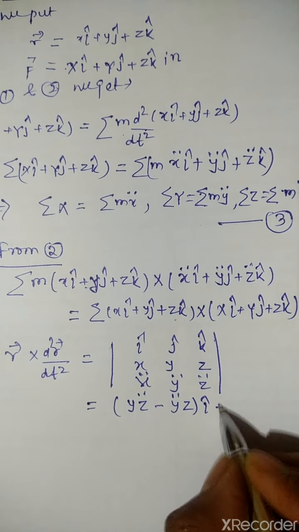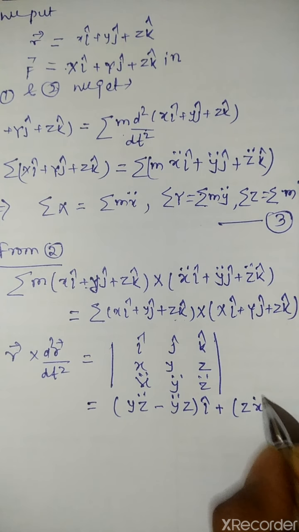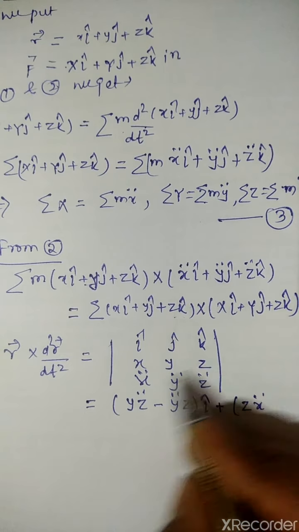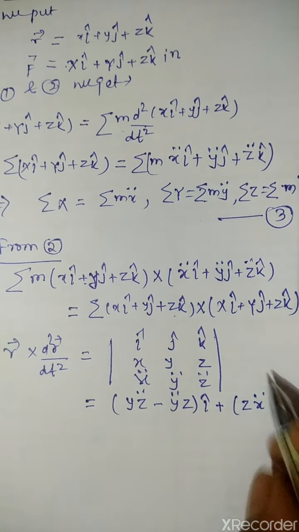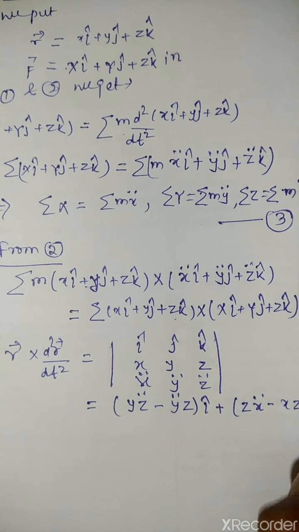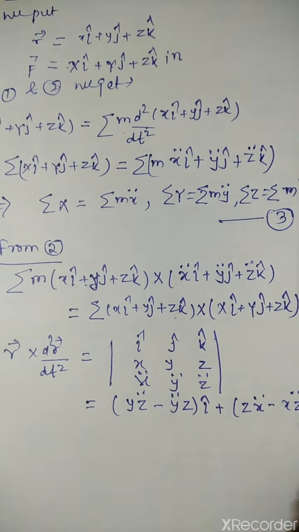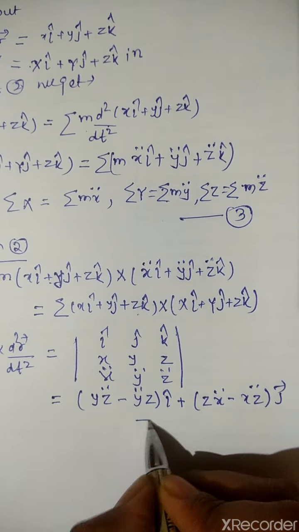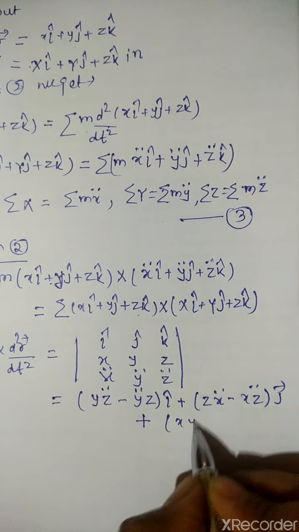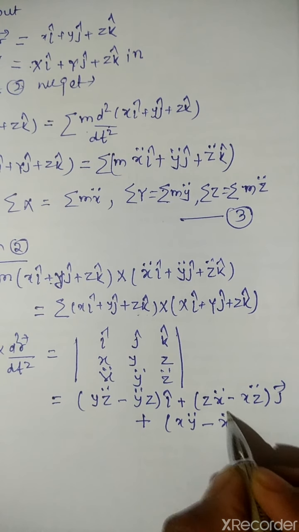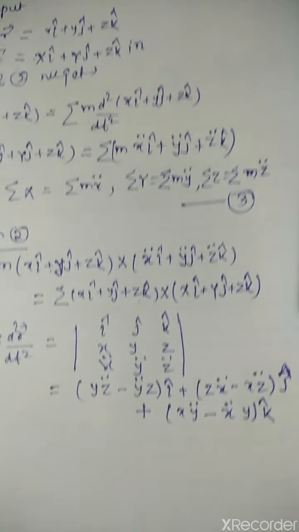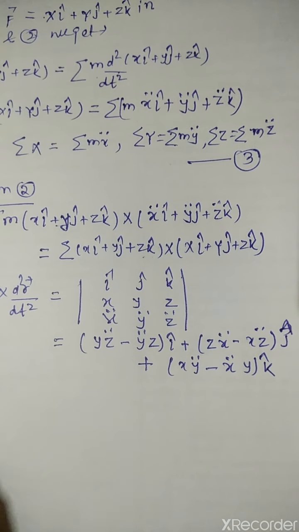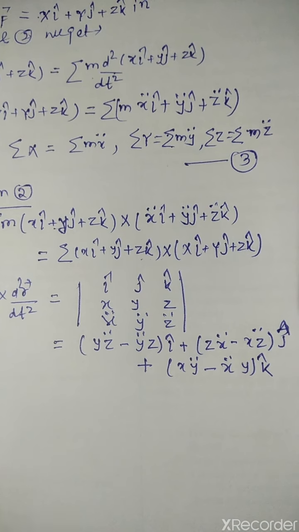Then we have plus sign z x double dot minus x z double dot j, and then plus (x y double dot minus x double dot y) k. This is the form of r cross d²r/dt².